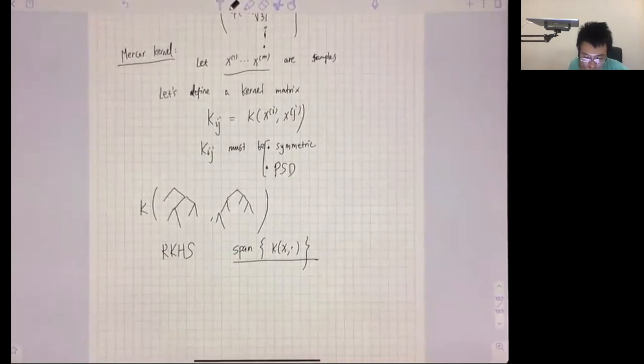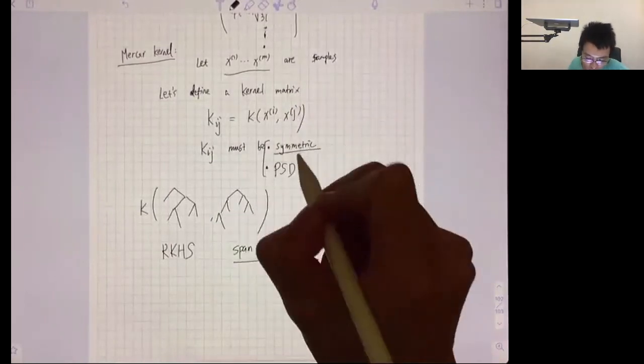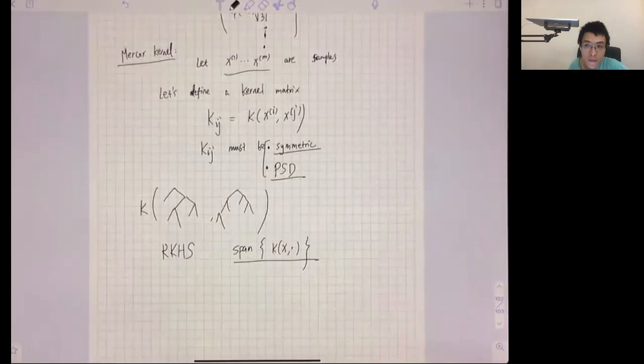So anyway, what you need to know is that for a valid kernel, it must be symmetric and positive semi-definite. If you don't satisfy those constraints, it's not a valid kernel in principle, but sometimes it still works. In practice, we don't care about whether it's a valid kernel or not. We only care about whether it gives you good results or not.